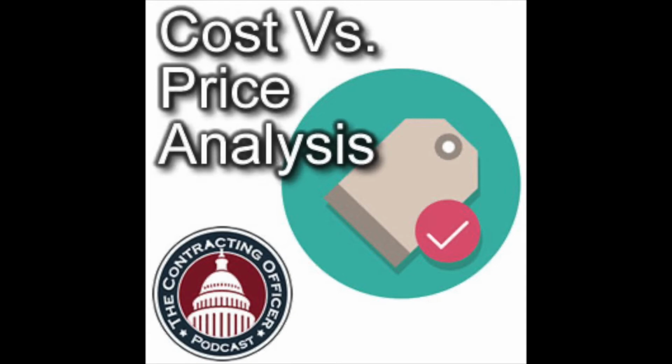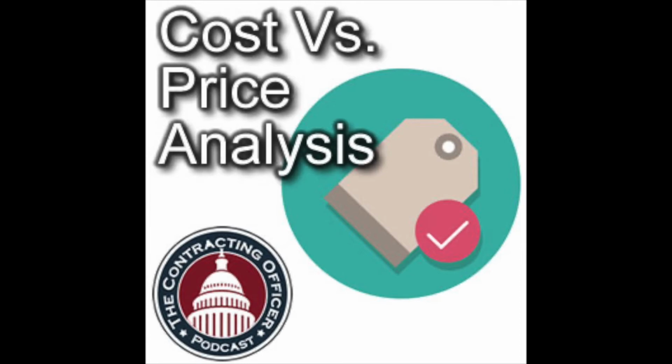And the second is comparison of proposed prices to historical prices paid by the government or other customers. Those are the preferred techniques. Only if the contracting officer determines that the information based on the competitive prices or previous prices paid isn't available or is insufficient, then do you dive into the rest of it.